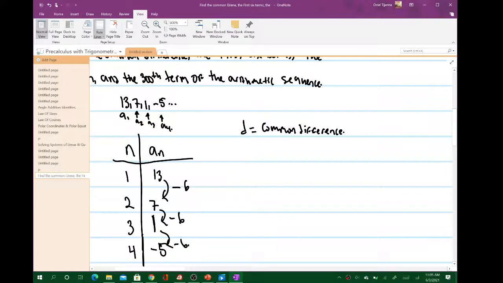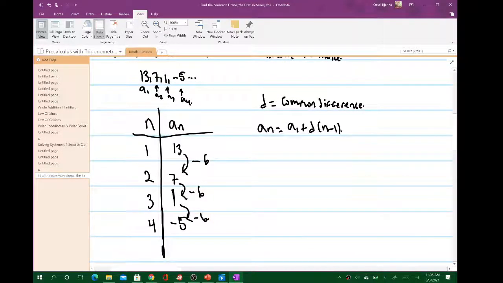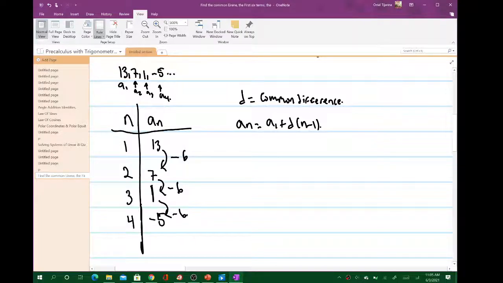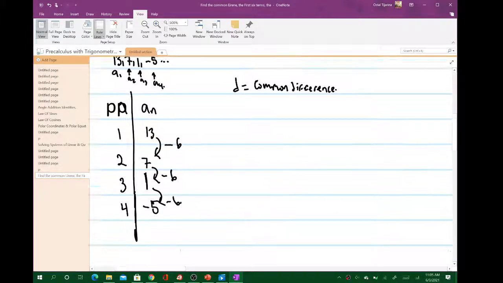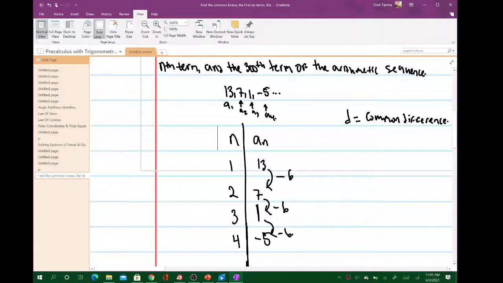And for an arithmetic sequence, it is written of the form a sub n equals a sub 1 plus d times n minus 1. Now, the common difference is -6. Do not get tricked: what they mean by difference is how much a sub n is changing by.